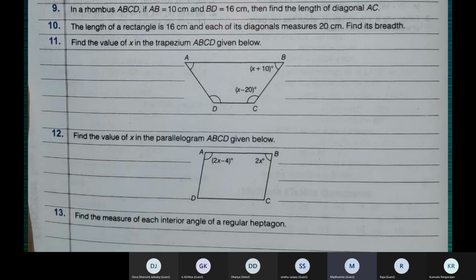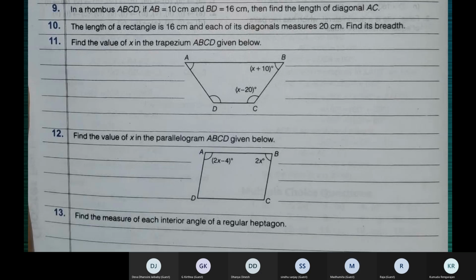Excuse me, ma'am. Yeah, Madhumita? Ma'am, in the 9th question, the figure, I'm not getting it correctly. I'm not getting the diagonals and sides correctly, ma'am. I've tried shuffling the orders of A, B, C, and D, but still I'm not getting it right.